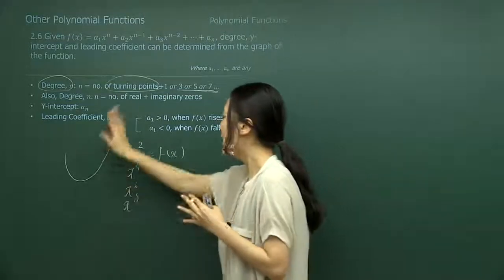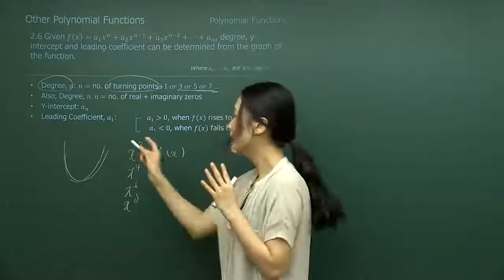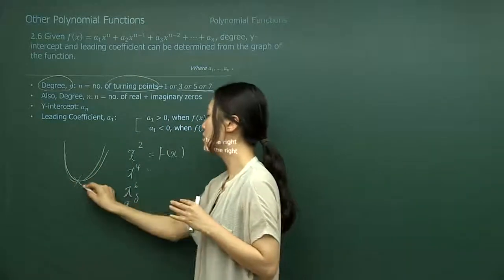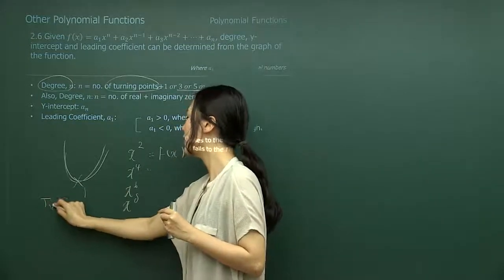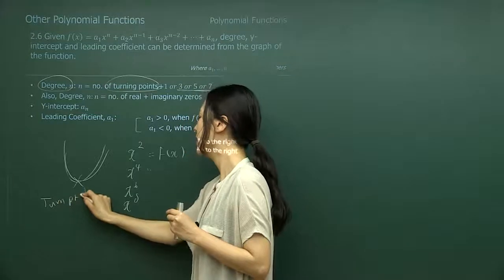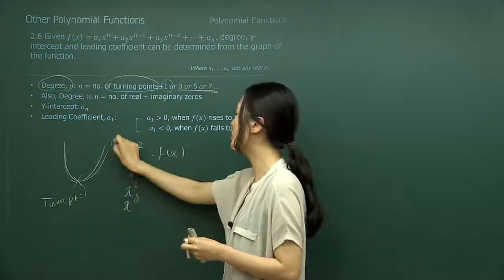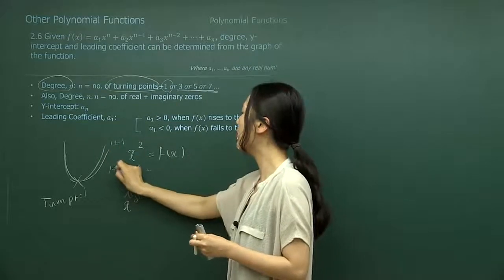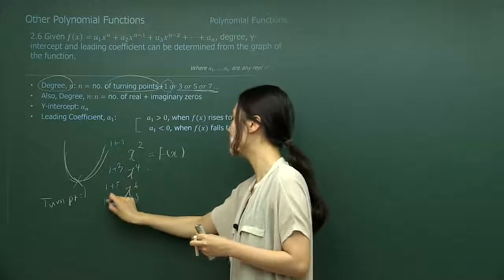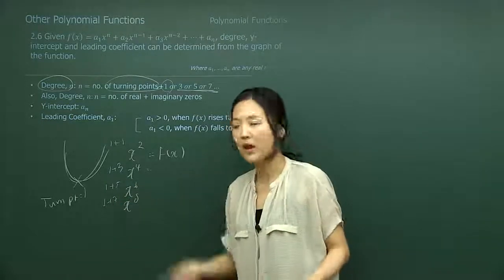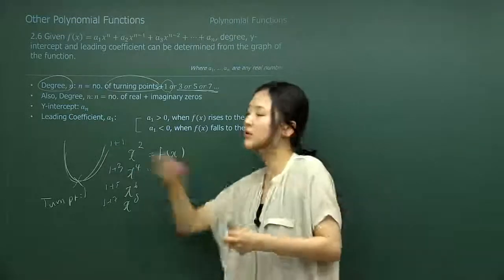So anyway, if you have a parabola, how many turning points do you see? Just one, don't you? So if 1 is the number of turning points, then 1 plus 1, which equals 2, or 1 plus 3, which equals 4, or 1 plus 5, or 7, or whatever, any odd integer will do, could be the degree of the given function graph.